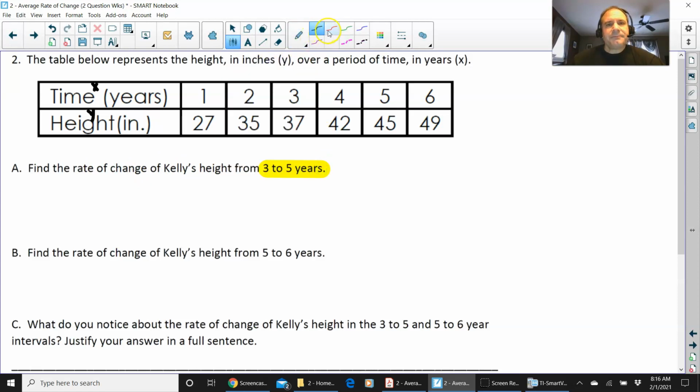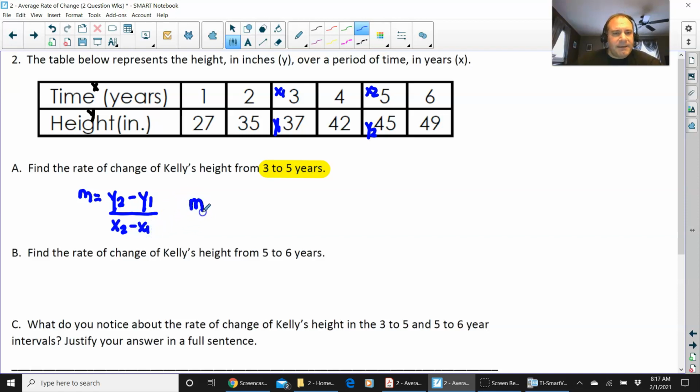So let's go ahead and put x1, y1 to 5, x2, y2. Let's put the slope formula down: y2 minus y1 over x2 minus x1.